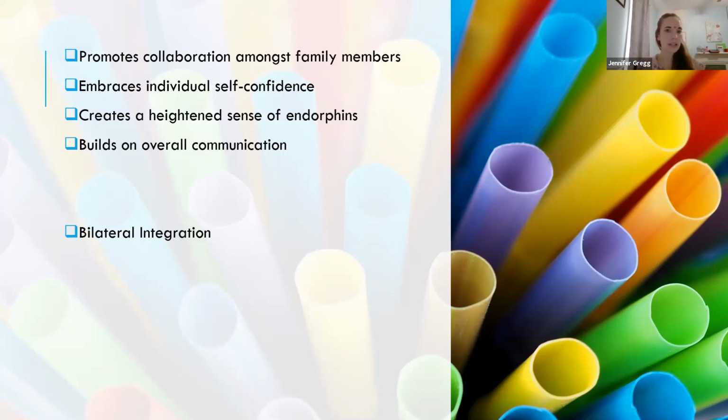And so we're getting that bodily experience and a linguistic experience. So your left side and your right side are both actively engaged in this activity because you're having to have that movement and be able to find words, but also you're recognizing different ways to improve communication and expressing your emotions.